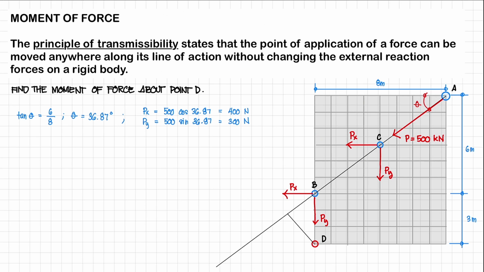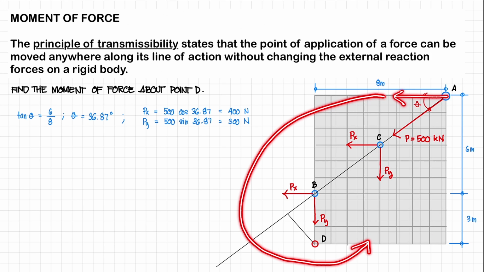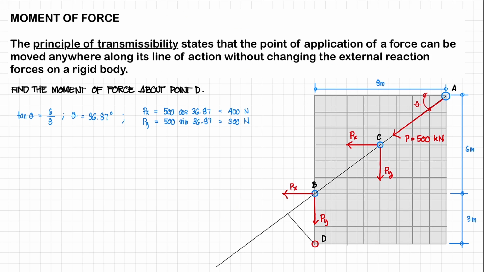Alright, since we have the components, let's first rotate our Px about our point D. It's going to rotate in this manner. So we'd have a counterclockwise rotation, right? So let's write this one first.